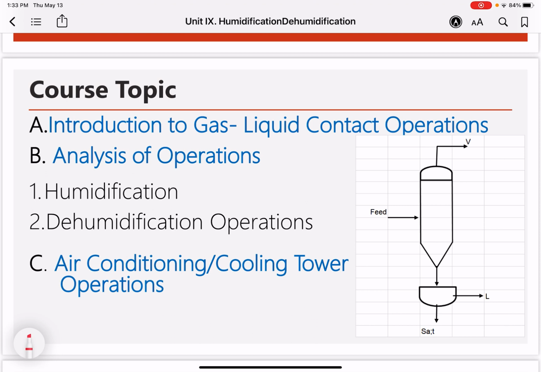You will learn how to use the psychrometric chart in getting the properties of the air-vapor mixture. We derive the different formulas and mathematical equations for the humidification and dehumidification operations. We apply the principles of cooling tower and then solve further problems in air conditioning and cooling tower.